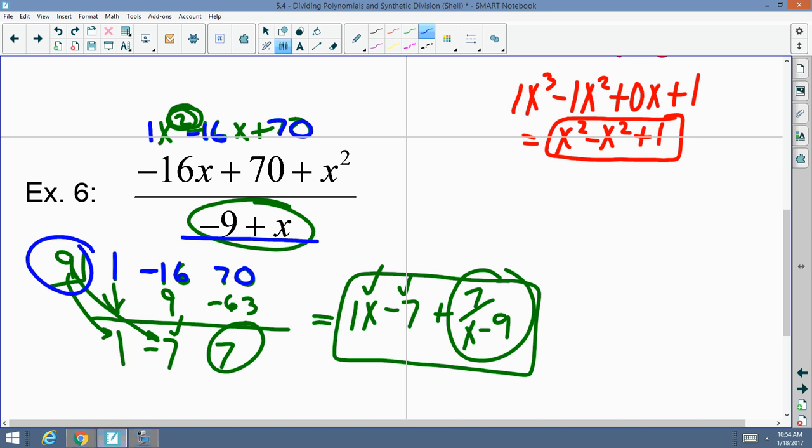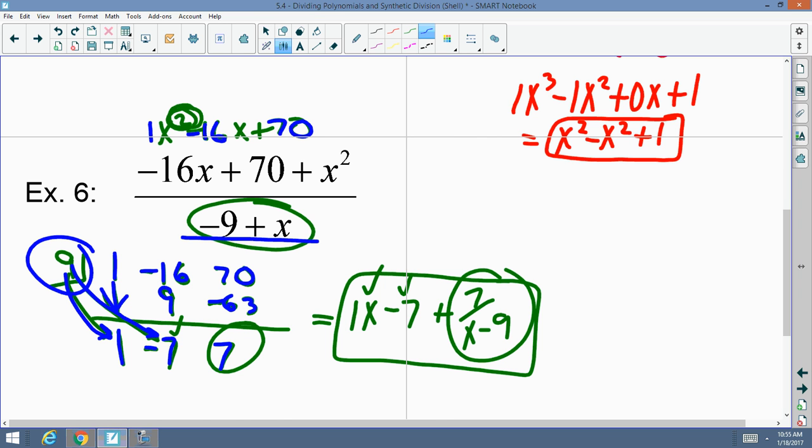Synthetic division, I always start by dropping the first coefficient. Now 9 times 1 is 9. Negative 16 plus 9 is negative 7. 9 times negative 7 is negative 63. 70 minus 63 is 7. I'm done. There's nowhere else to go.